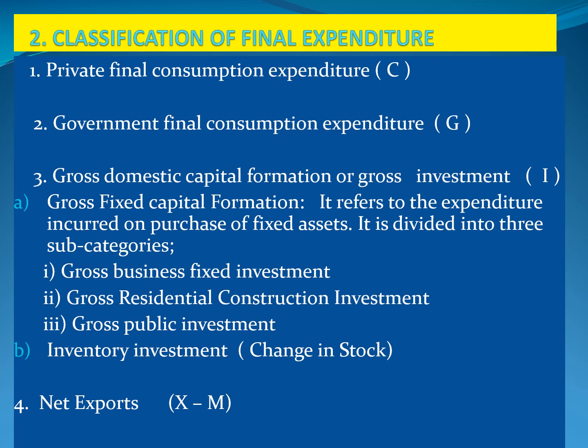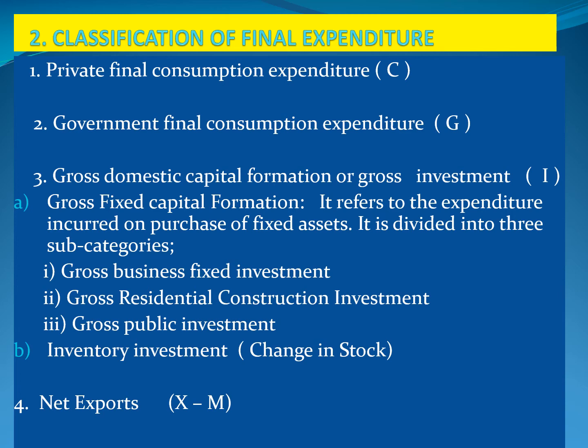It is the amount spent on construction of flats and residential houses. And the third one is gross public investment. Now this is the investment which is made by the government, and the expenditure made by the government is on hospitals, schools, roads, dams, etc.